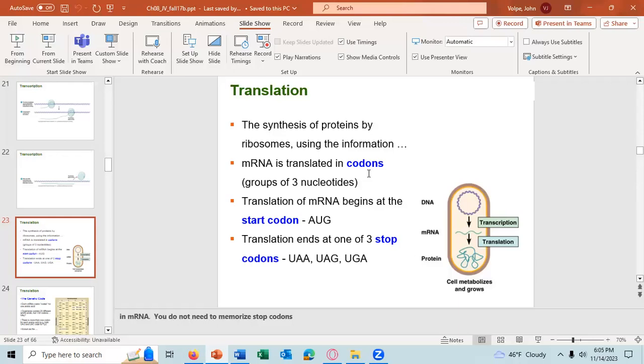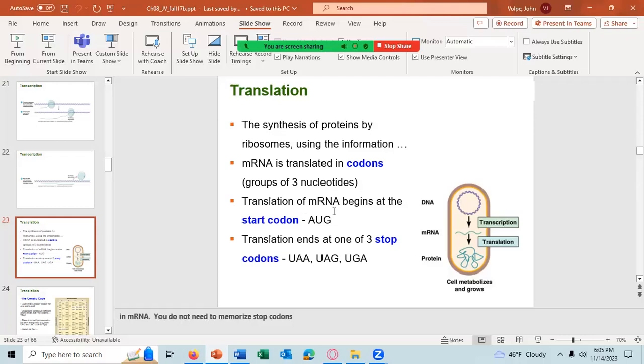So once the ribosome binds and moves down, it doesn't do anything until it reaches the start codon, AUG. And you should probably know the start codon because there's only one.